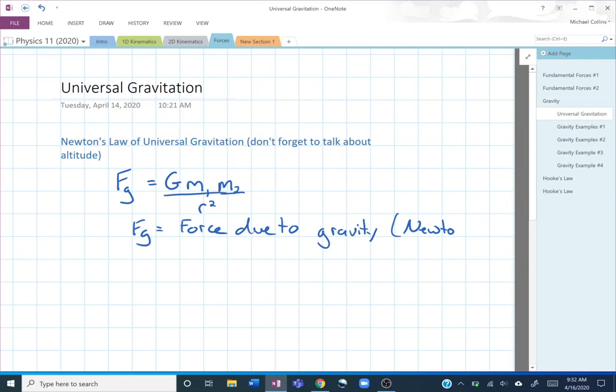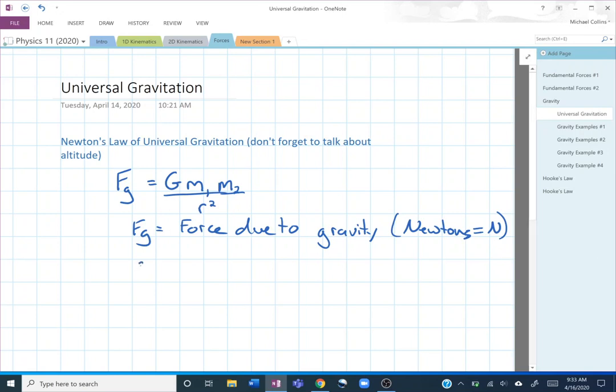And this is measured in newtons, which is abbreviated with an N. So again, as we alluded to in the previous lesson, we are going to talk about a bunch of different forces. This particular one, Fg, is the force due to gravity, and we'll give each one its own unique subscript so that we all know what we're talking about.